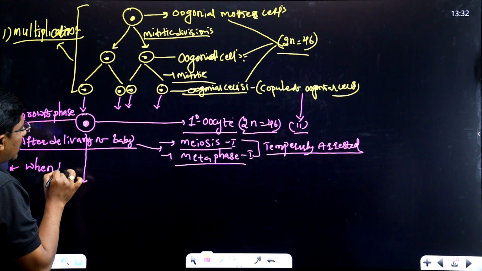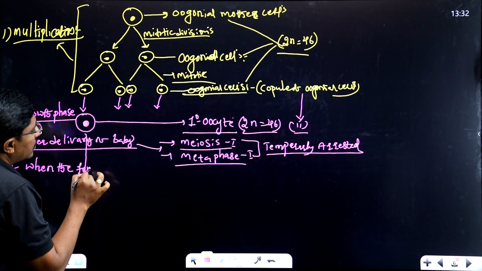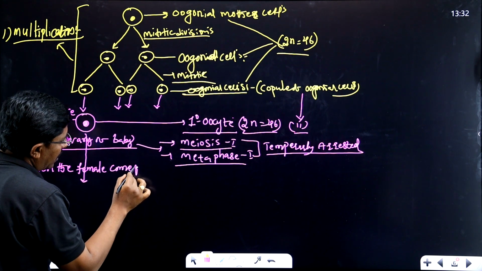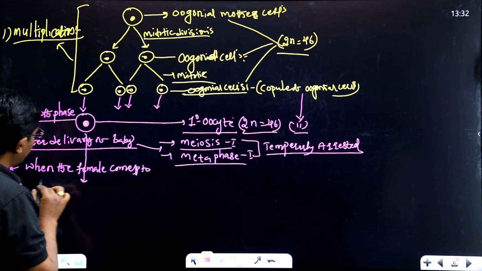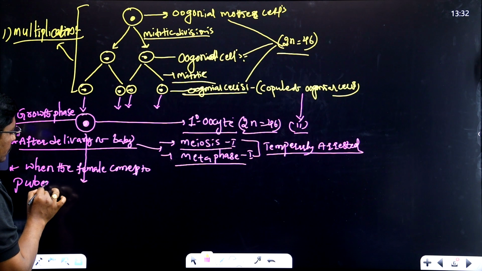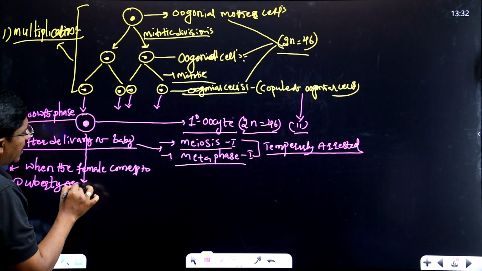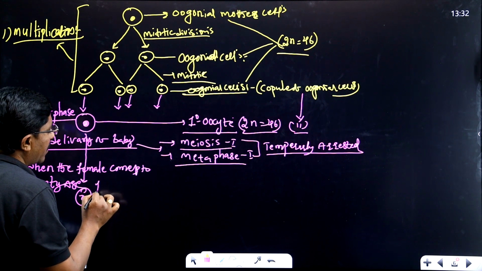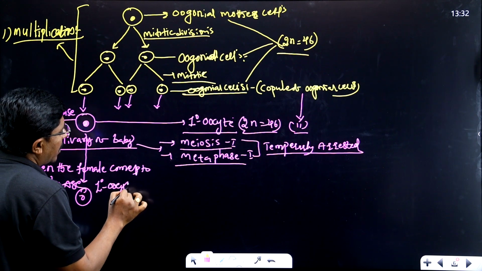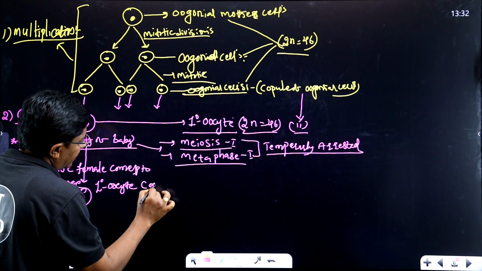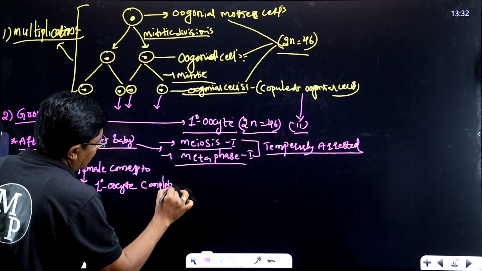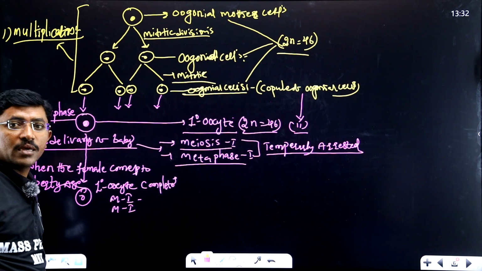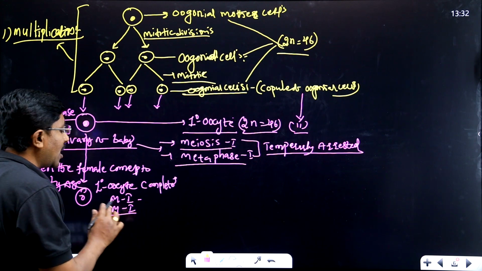When the female comes to maturity, when the female comes to puberty age, the primary oocyte completes meiosis 1 and metaphase 1. Meiosis 1 and metaphase 1, both are completed.